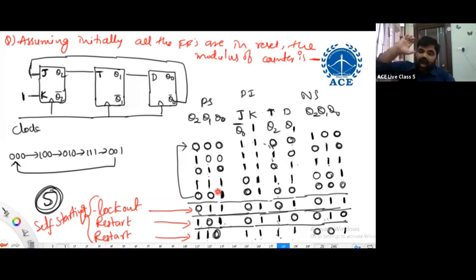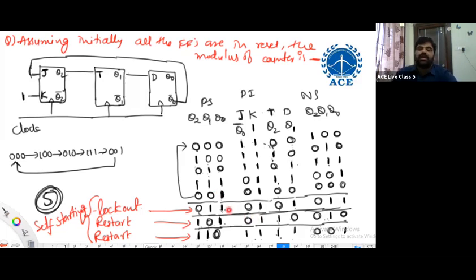For each and every unused state in the counter, if the next state is a used state, then we say it has self-starting. So in this case, it is not self-starting.